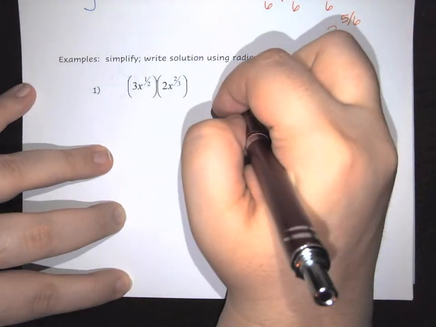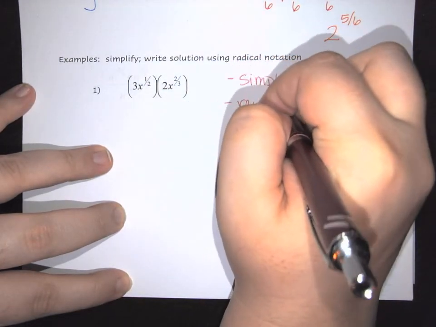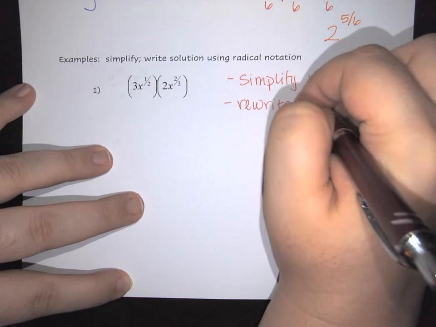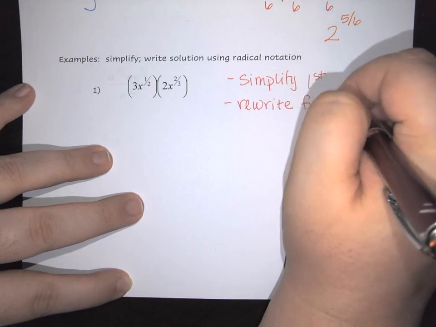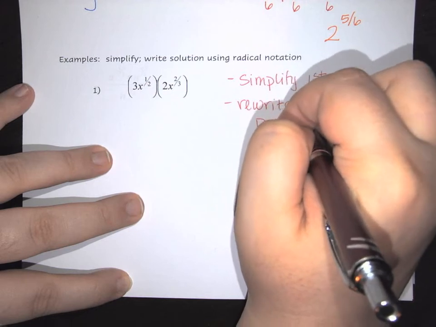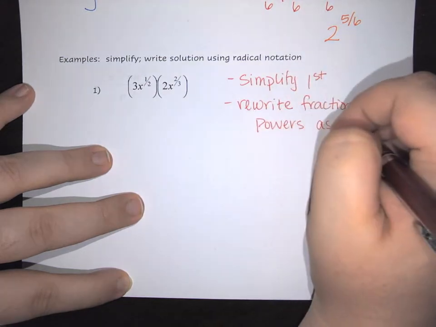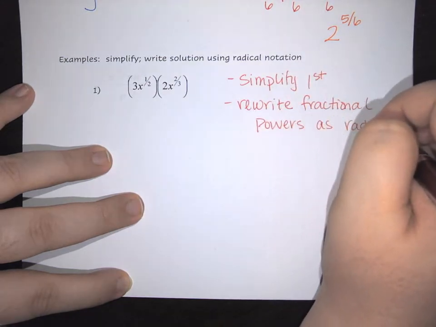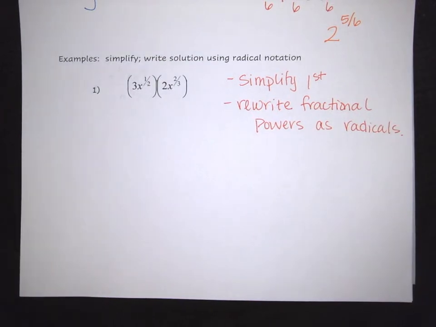Then, after you simplify, we want to rewrite the fractional powers as radicals. Okay, so those are the two things that we are doing. So let's go ahead and get started.